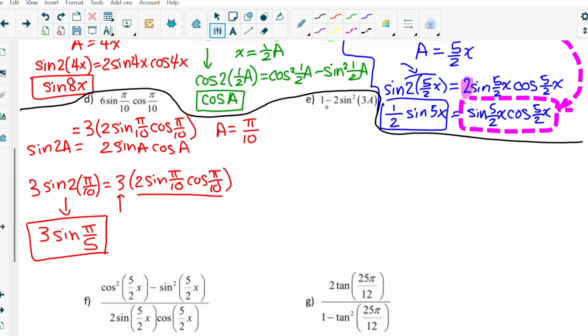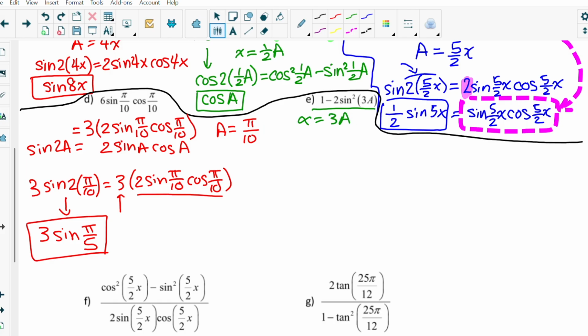Next one: 1 minus 2 sine squared of 3a. Right away, this one looks like my cosine double angle identity, just written in a different form. First thing I'm going to say is alpha equals 3a.